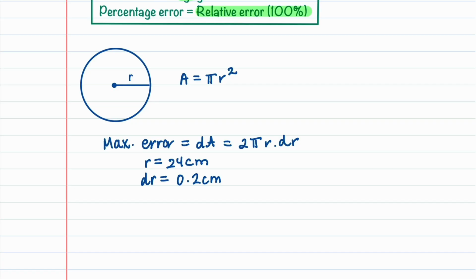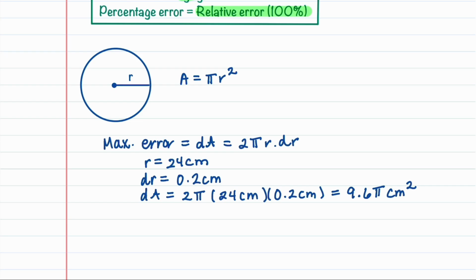And now we can find dA. So dA is 2 pi times r, which is 24 centimeters. Make sure to put units in there. And then our dr is 0.2 centimeters. And this is equal to 9.6 pi centimeters squared.